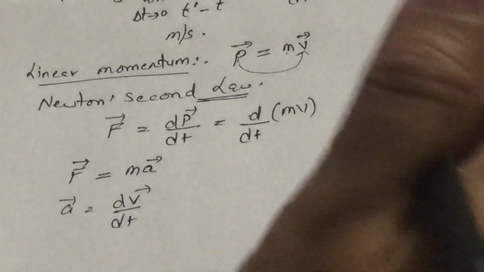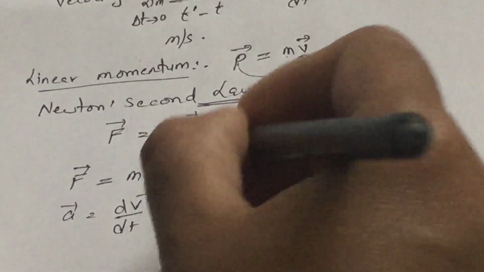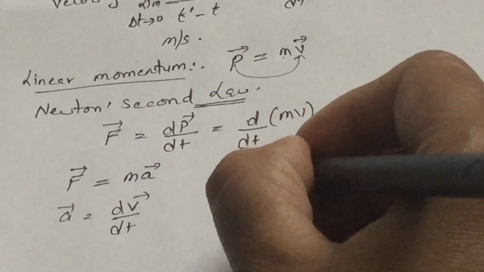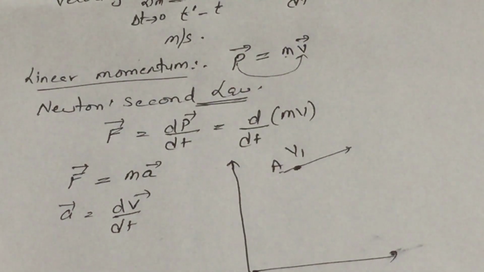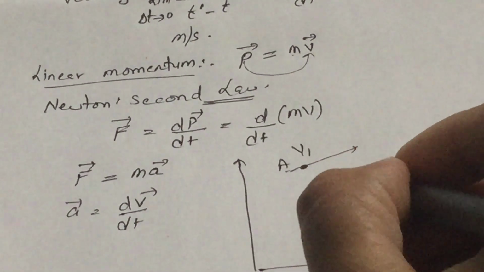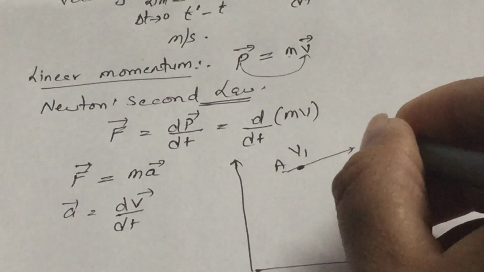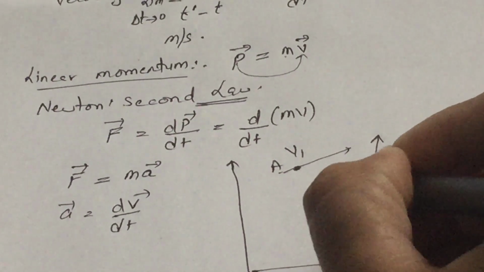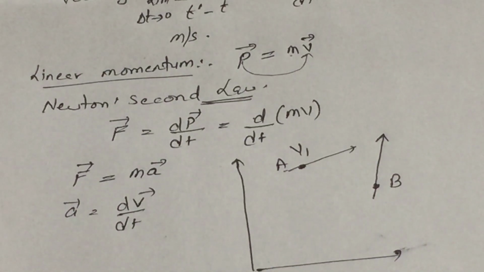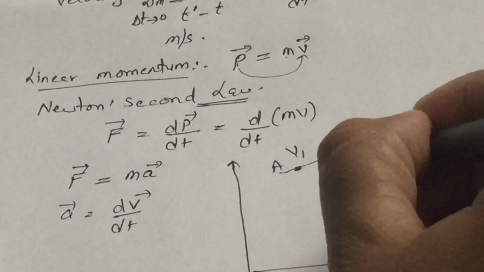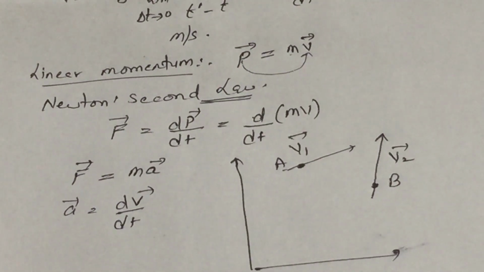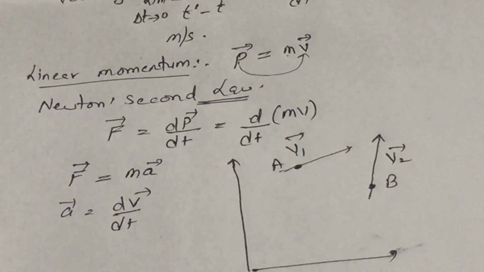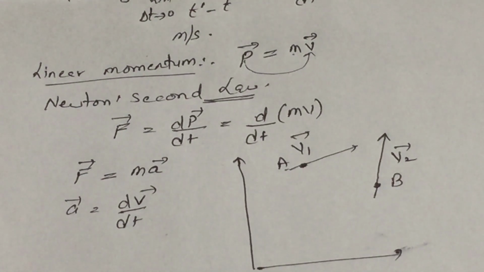If we consider the particle again in two dimensions, and this is the direction of velocity at any position A, and this is the direction of velocity of the particle at any position B, then we have to find the change in direction of velocity from v1 to v2, and that direction is the direction of acceleration.